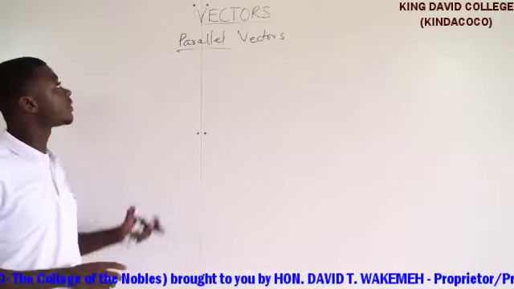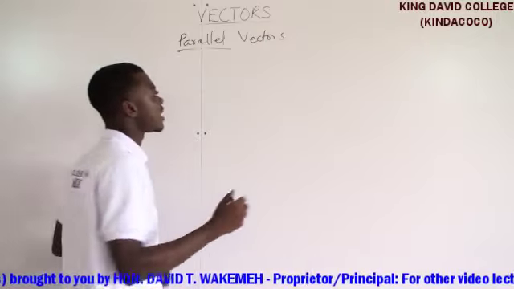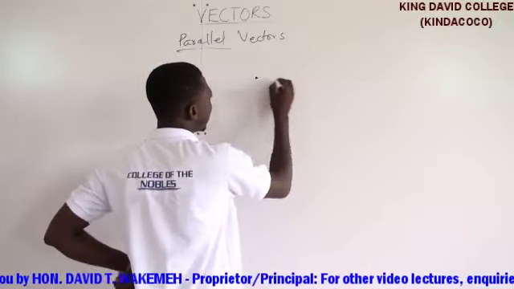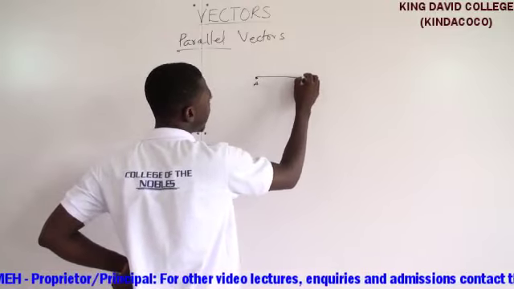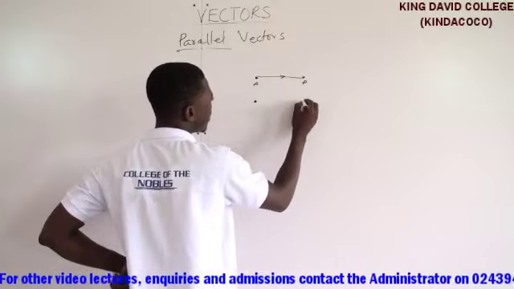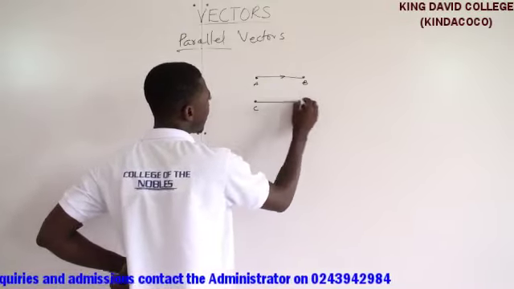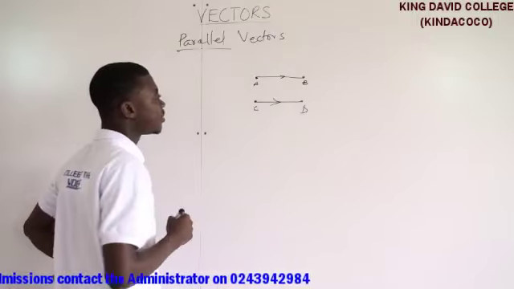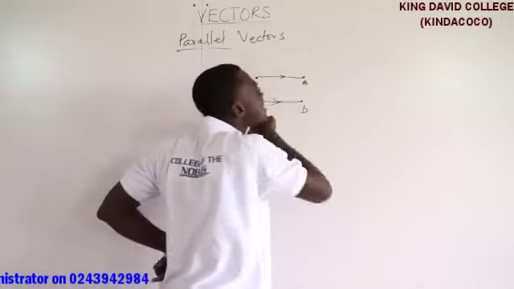Now with parallel vectors, what does it mean? Let's say we have a vector here, A to B, and then we have another vector, C to D. Then we can say this and this are in parallel if their directions are the same.